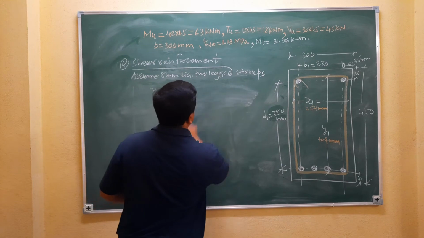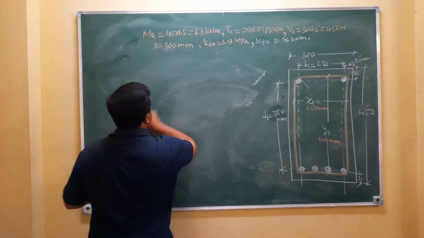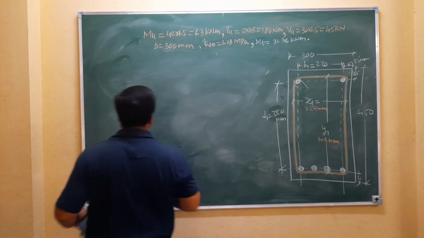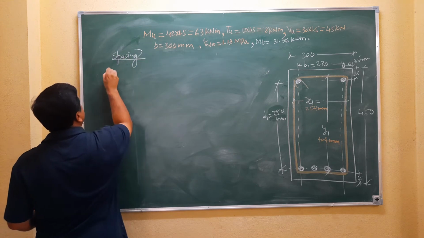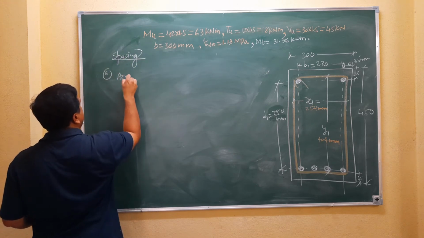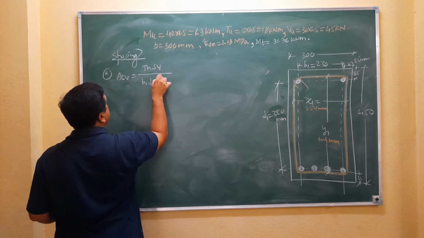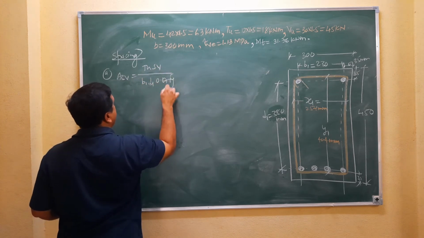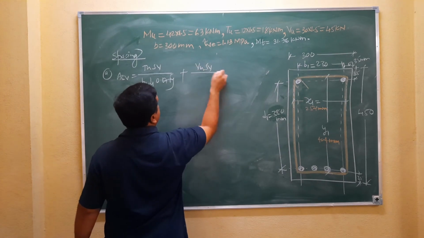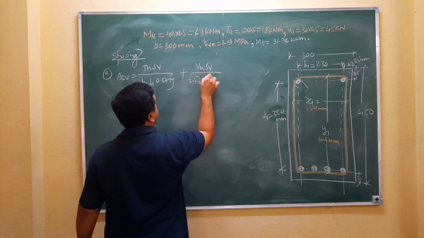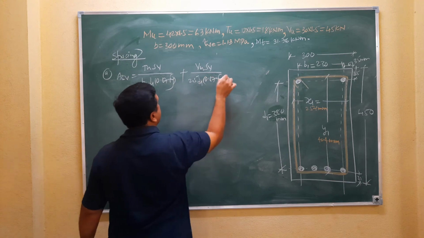Now directly find out the spacing. Spacing first is Asv equal to Tu into Sv divided by b1 d1 into 0.87 fy, plus Vu into Sv divided by 2.5 d1 into 0.87 fy, if you put this value in bracket.